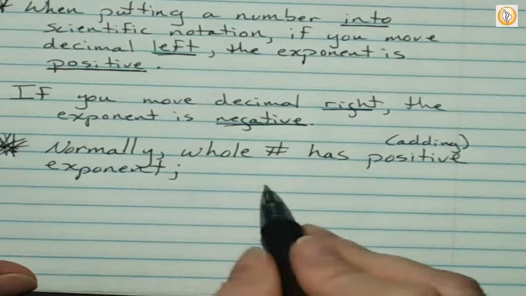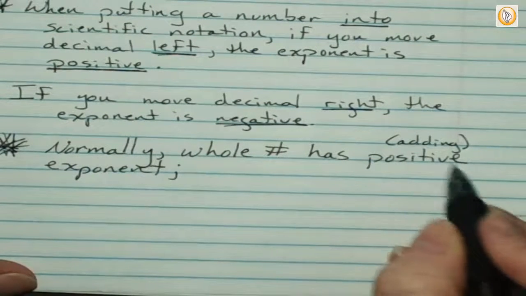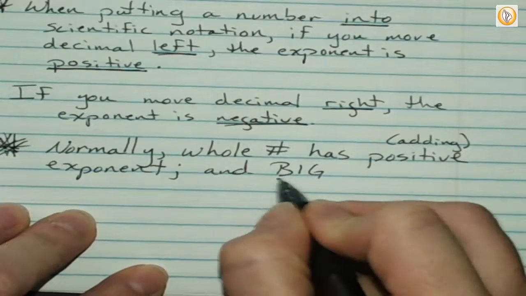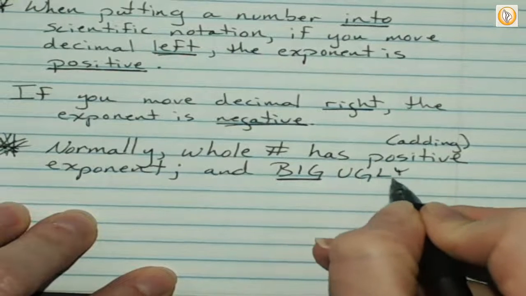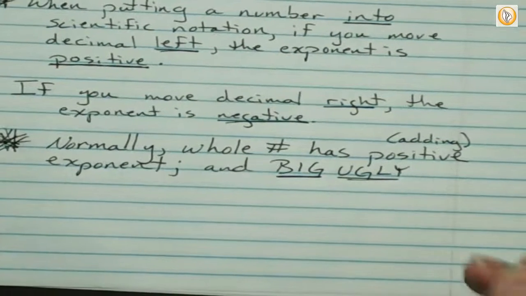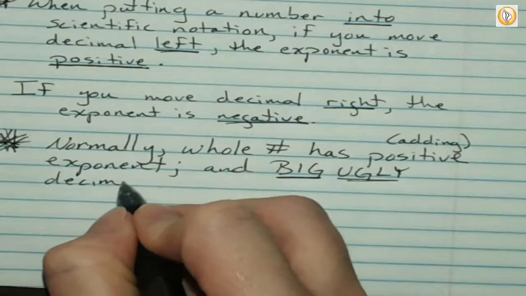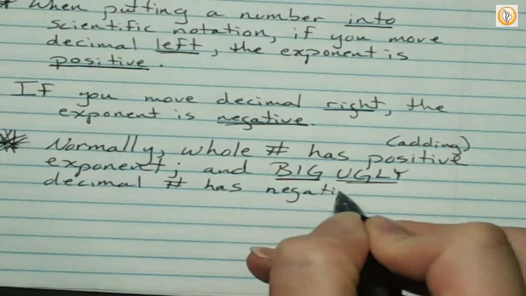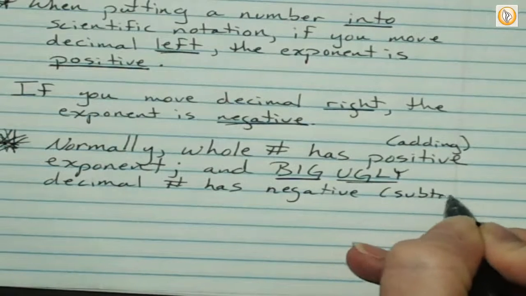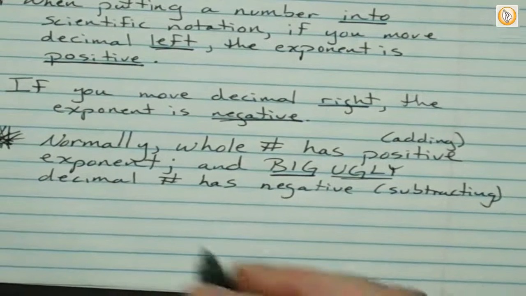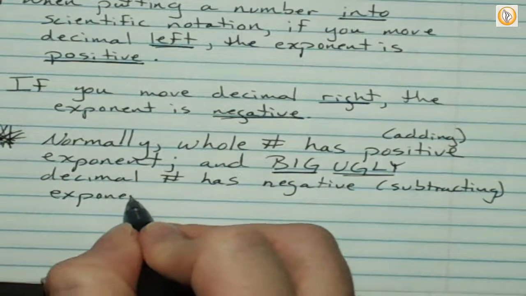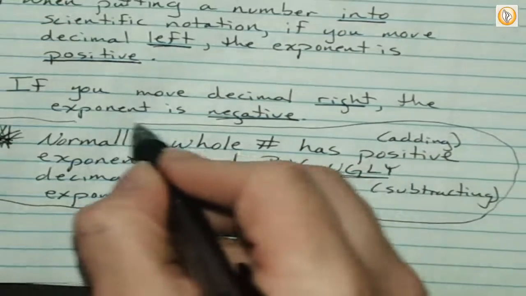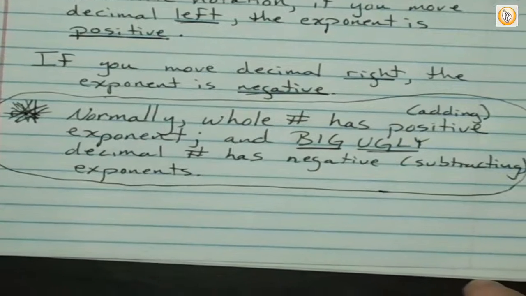So normally a whole number has positive, or you're adding exponents, and a big, ugly decimal number has negative, or subtracting exponents. And I'm going to demonstrate a big ugly for y'all in just a minute.